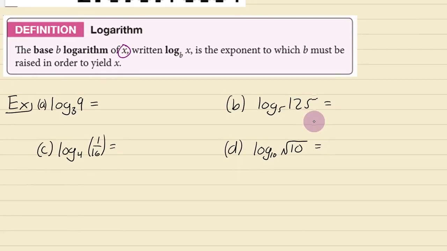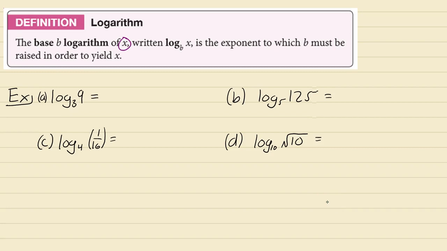So anyways, let's look at this example. We want to know log base 3 of 9. So the result here, whatever this ends up being, is the exponent to which 3 must be raised, because the b is 3, to get a result of 9. So what should that be? 3 to the power 2 will work. So that means the result of the logarithm is 2.